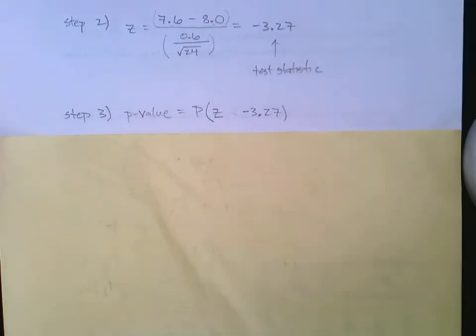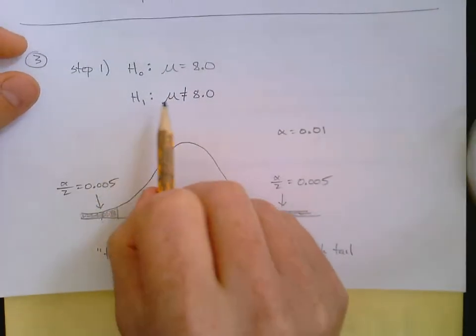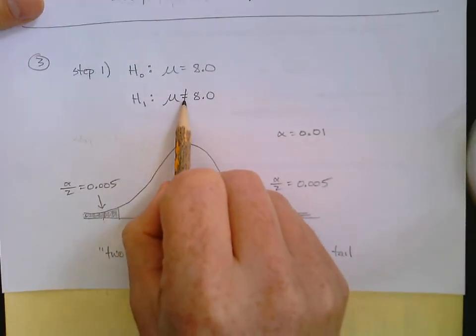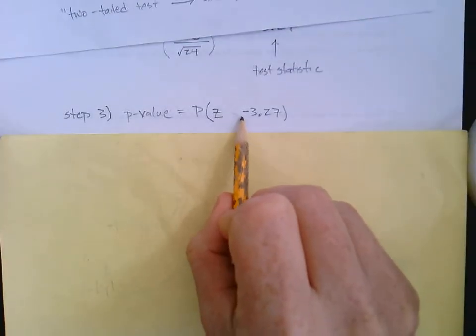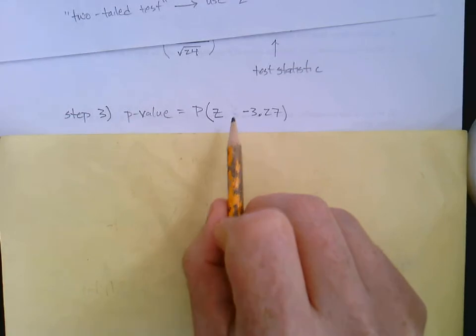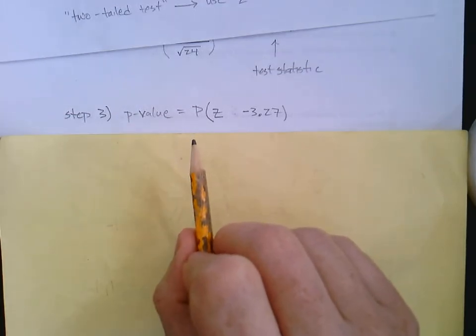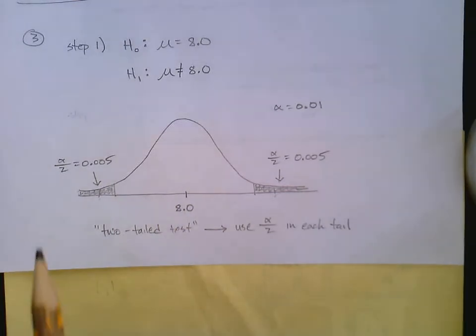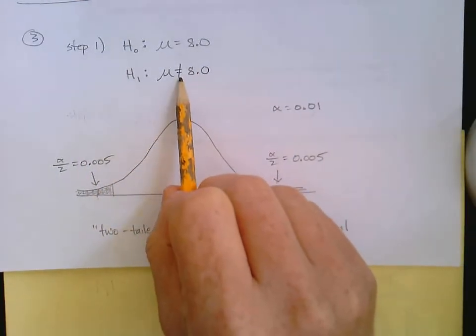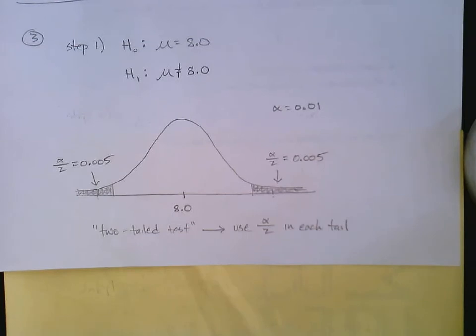Trouble is, this time, our alternative hypothesis is a not equals. But we do need either a less than or a greater than here. So which one do we pick? Okay, so we have to look a little bit further. How do we know? Because that's just not equals. We look at our sample data results.